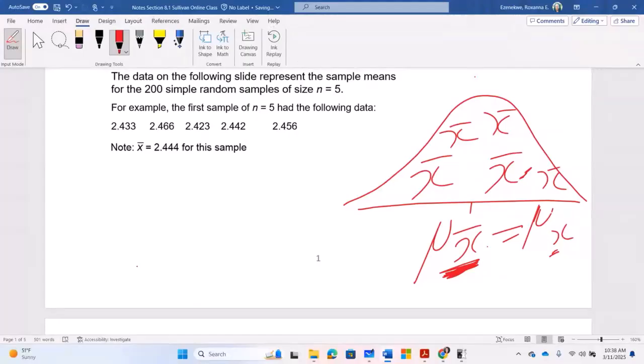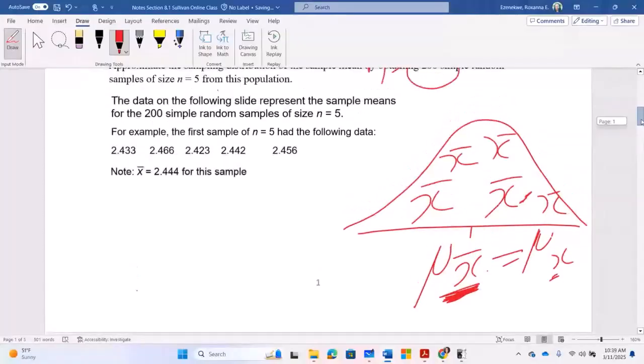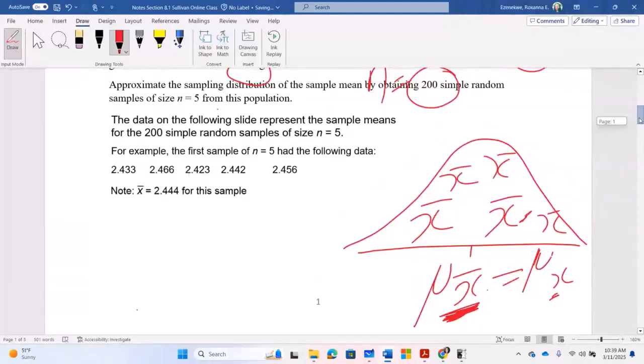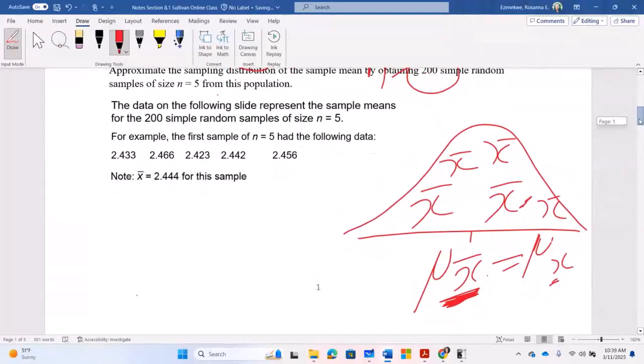In this case, let's look at this question again. The mean is the mean of the original data. Let's see what that mean is. Okay, did they give us the mean?